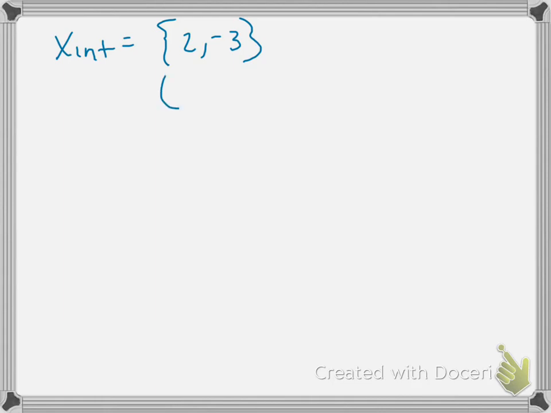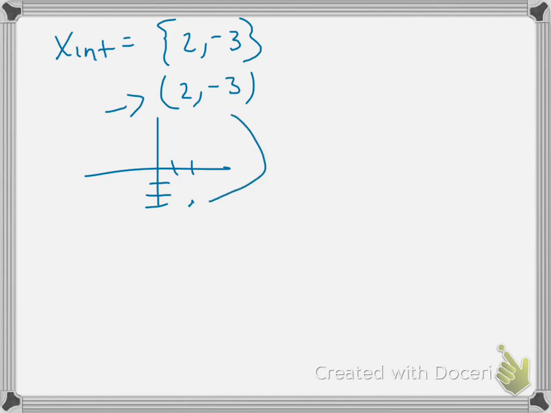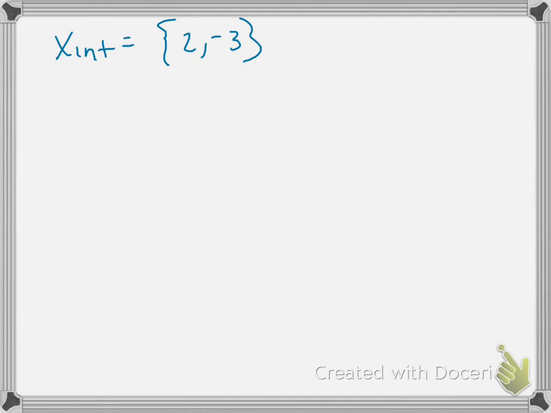What is the difference between parentheses and a bracket? Well, parentheses is an actual ordered pair. Like if I go 1, 2, it's actually a point on a coordinate plane when it's parentheses. But a bracket means a set.